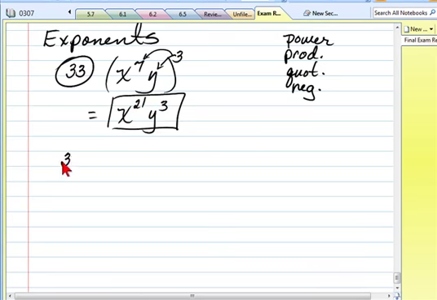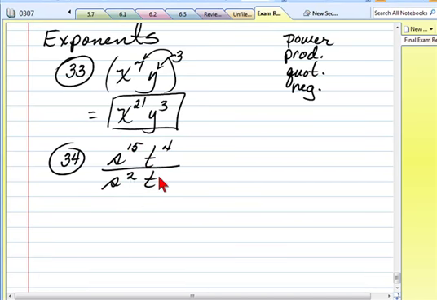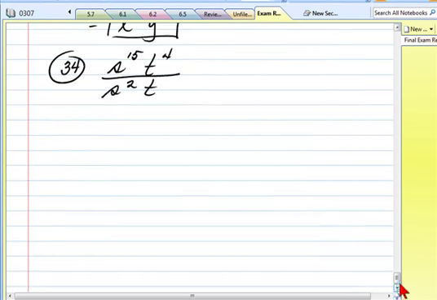Number 34. I have s to the 15th, t to the 4th over s to the 2nd, t. I'm supposed to simplify this. Can I use the power rule? No. Do I need the product rule? The product would be like bases in the top or like bases being multiplied in the bottom.